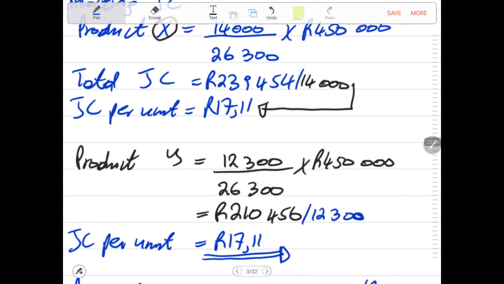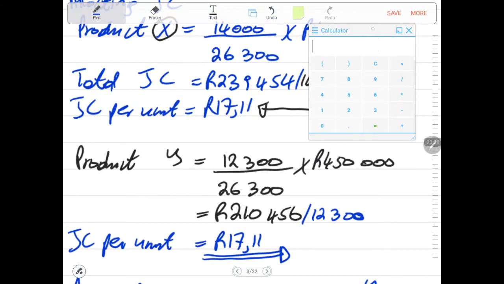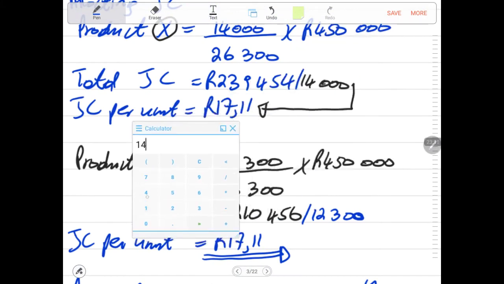I think it was 544. We have 14,000 divided by 26,300, multiply this by 450,000, 239,544. Yes, 239,544.